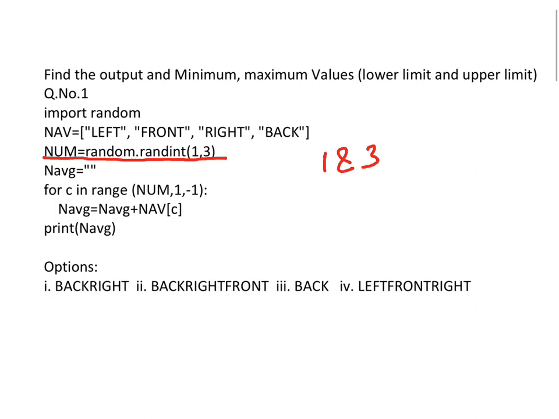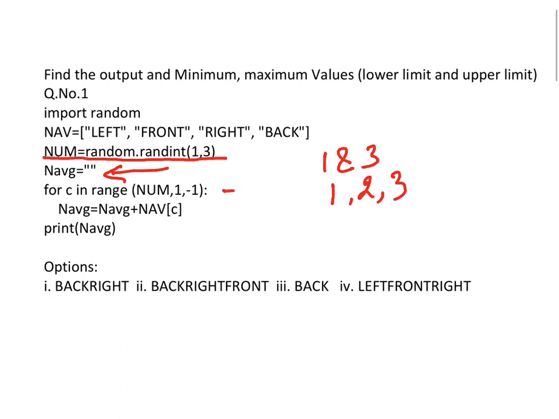It means it may give you 1, it may give you 2, it may give you 3. Now in the next step we have taken a blank variable, nav g. So nothing is there, it's empty.